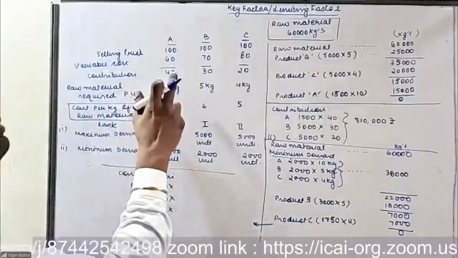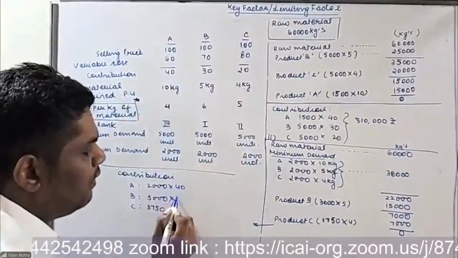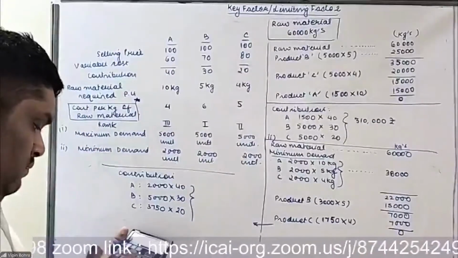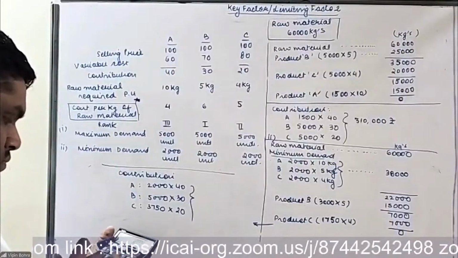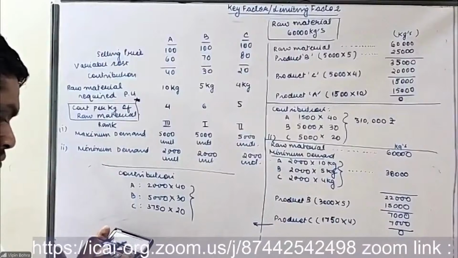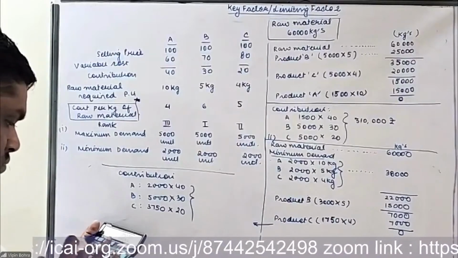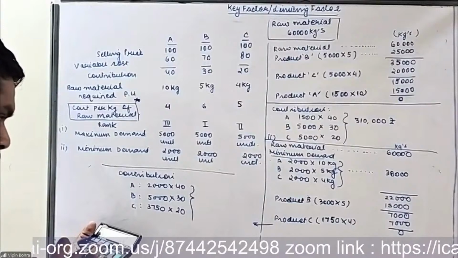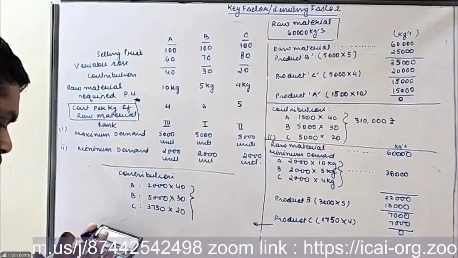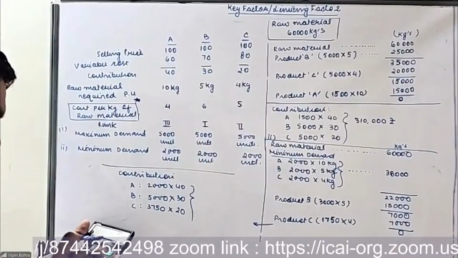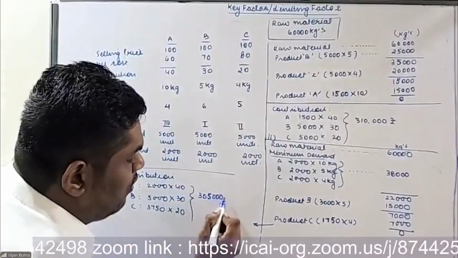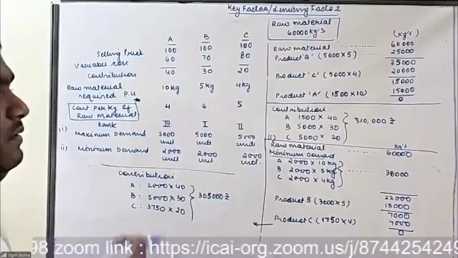Into the contribution per unit, that is 40, 30, and 20. Three lakh 5,000.